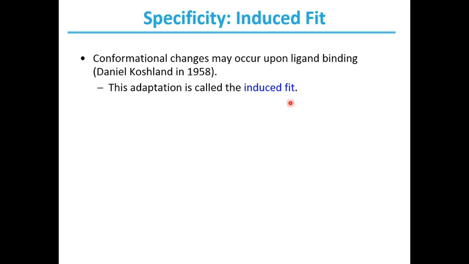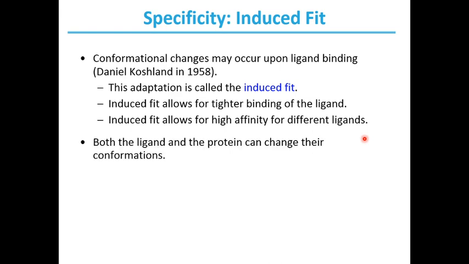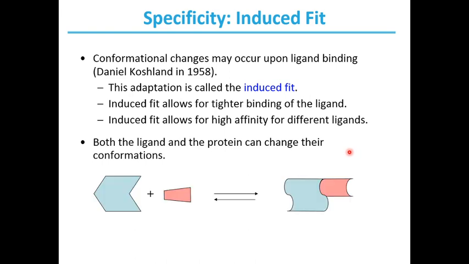This means that when a ligand binds to a protein, it induces a conformational change. Induced fit allows for tighter binding of the ligand. And induced fit allows for high affinity for different ligands. Both the ligand and the protein can change their conformations.